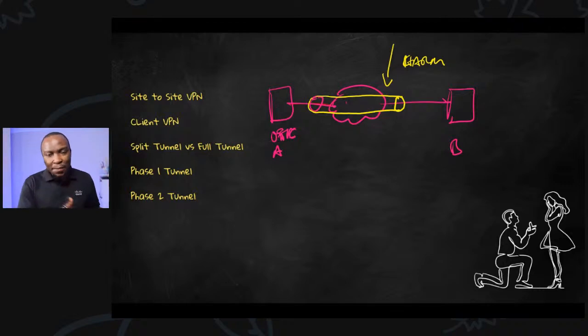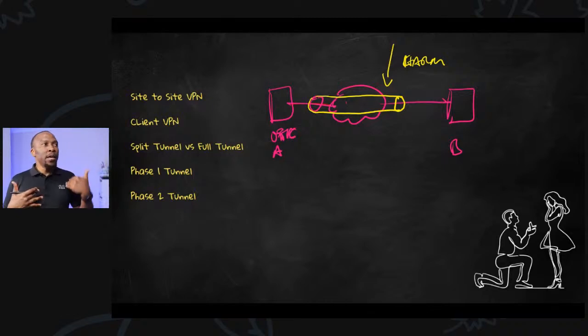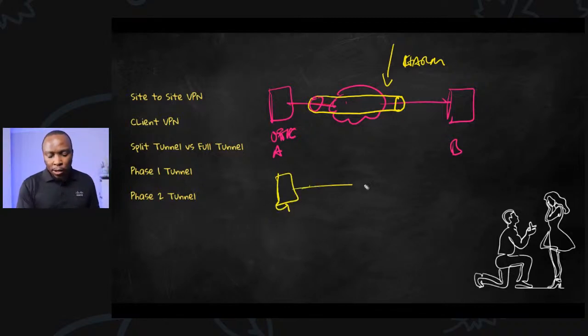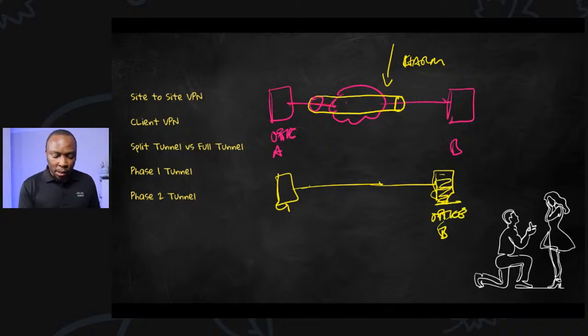The second type of VPN is probably the common one that most of us used when we were connecting to office resources during COVID. It is known as a client VPN. This one is a device trying to access resources that are sitting at an office that is in the CBD. So this is an office and you're connecting using your PC.